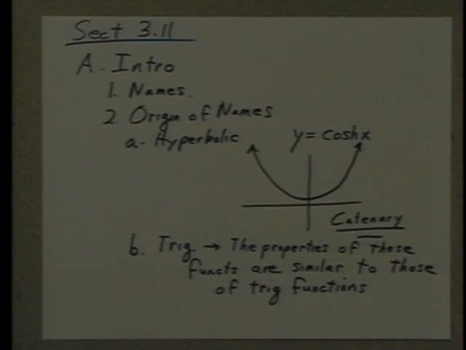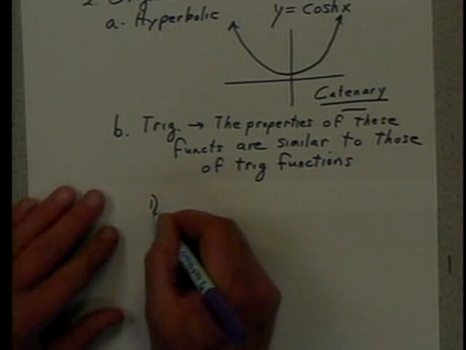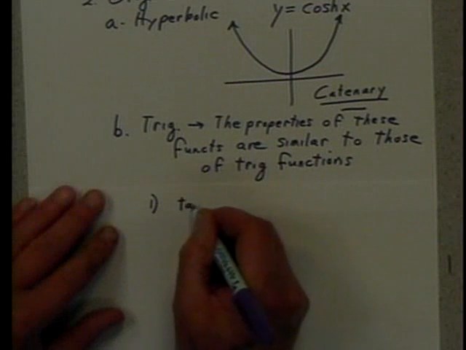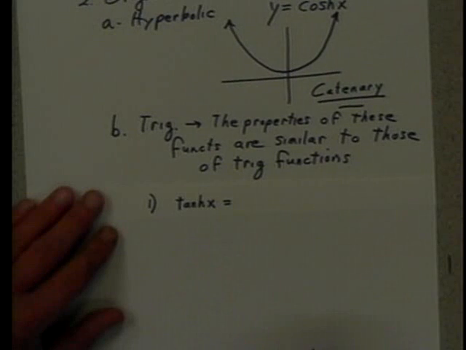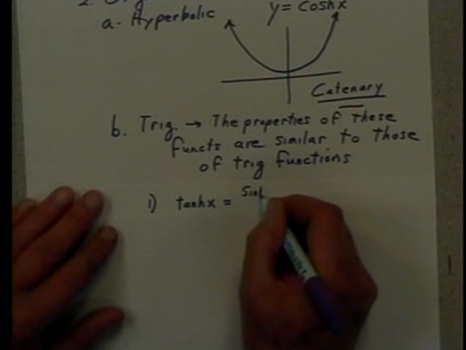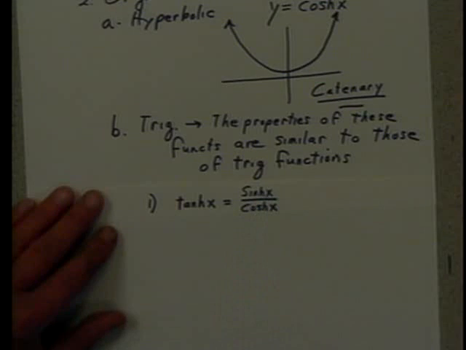Okay, here's some for the hyperbolics. We can write these on the back of our pink sheet. Whatever you think you might not remember, but I think some of these you won't need. But number 1, if you take hyperbolic tangent of x, guess what it will still be equal to? You don't know why yet, but you'll find out shortly. It's still sinh of x divided by cosh of x, same as the trig. Are they all like that?